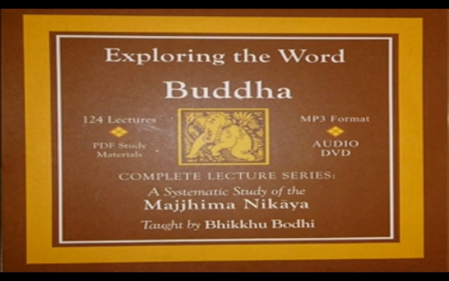When, for a bhikkhu, the taints that should be abandoned by seeing have been abandoned by seeing, when the taints that should be abandoned by restraining have been abandoned by restraining, when the taints that should be abandoned by using have been abandoned by using, when the taints that should be abandoned by enduring or by patience have been abandoned by enduring, when the taints that should be abandoned by avoiding have been abandoned by avoiding, when the taints that should be abandoned by removing have been abandoned by removing, when the taints that should be abandoned by developing have been abandoned by developing, then he is called a bhikkhu who dwells restrained with the restraint of all the taints.